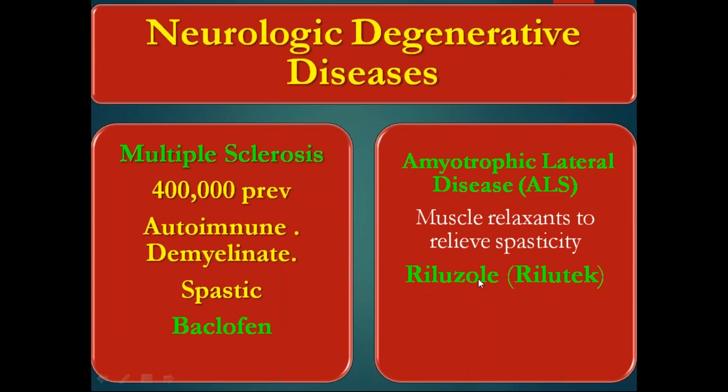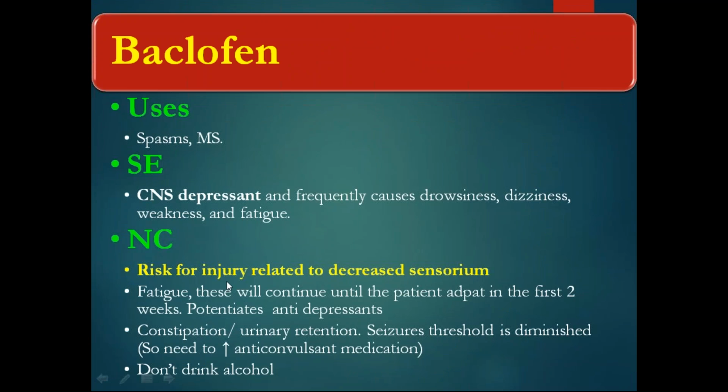Baclofen. So here you can read the ALS, which is not that common, so I'm not going to go on that. But multiple sclerosis, yes, is very high yield. All right. So Baclofen is going to be used for spasms and multiple sclerosis. Risk for injury related to decreased sensorium.